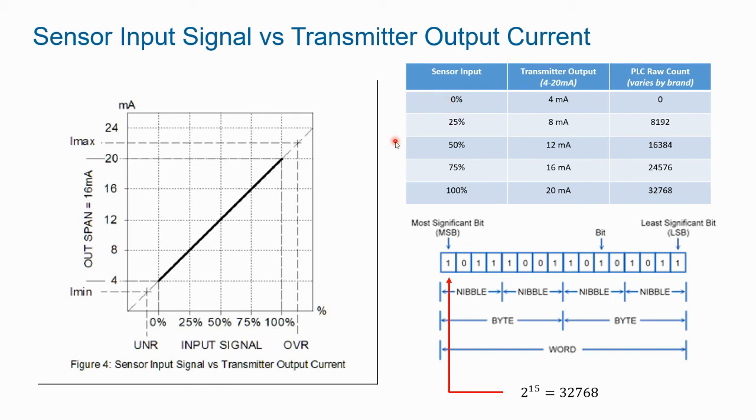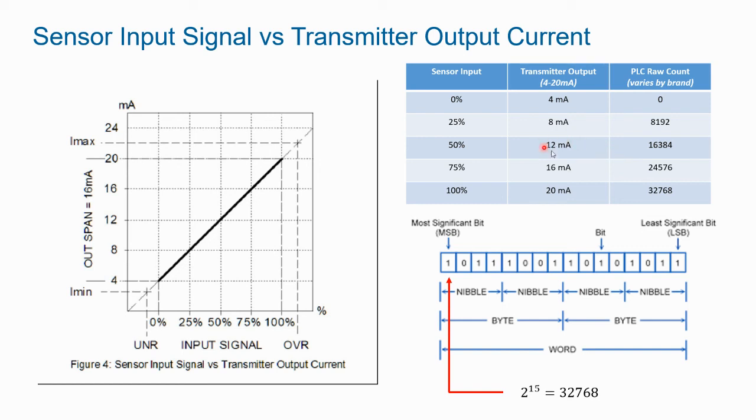So again, if we're at half of the sensor input, at 50 psi that we're reading in the field, that means our transmitter is sending a 12 milliamp signal out to the PLC.